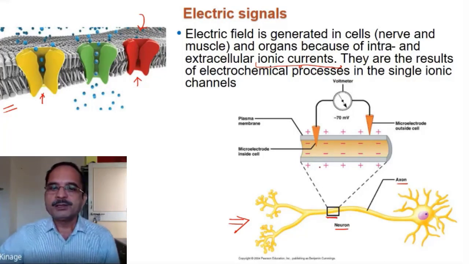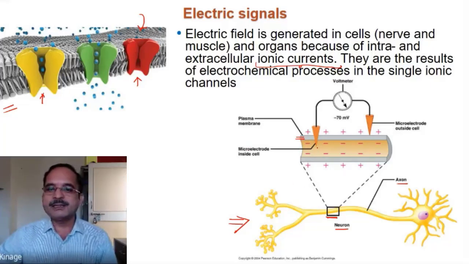Okay, so normally under resting state, this cell will have negative potential inside it. This covering of the cell is called the membrane, the plasma membrane. That is the outer covering of this cell.